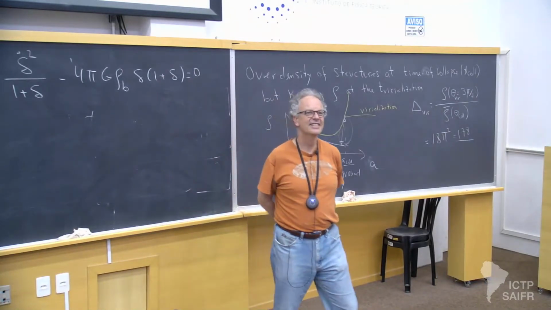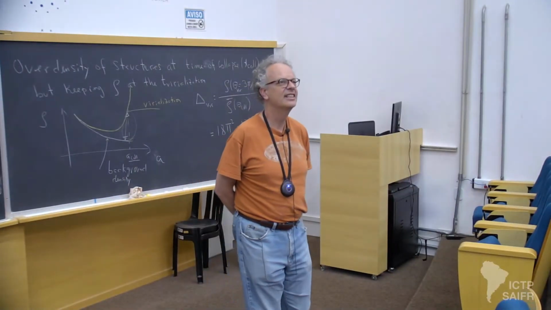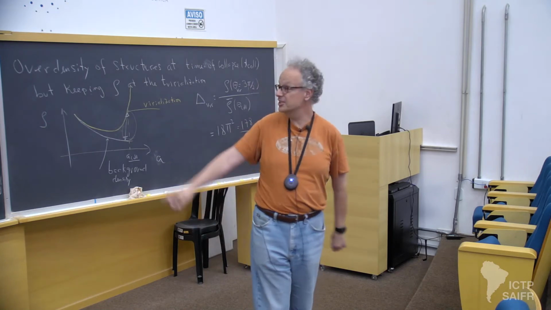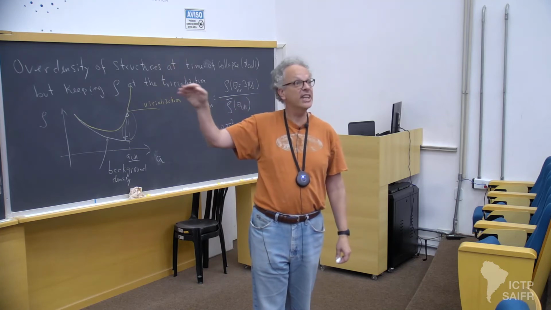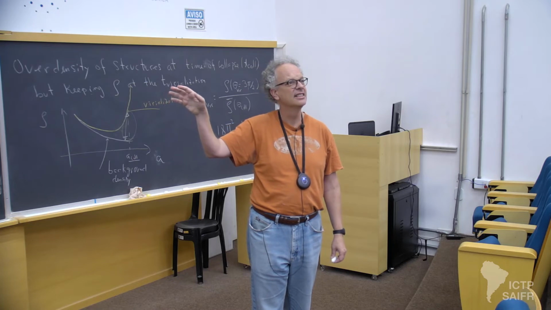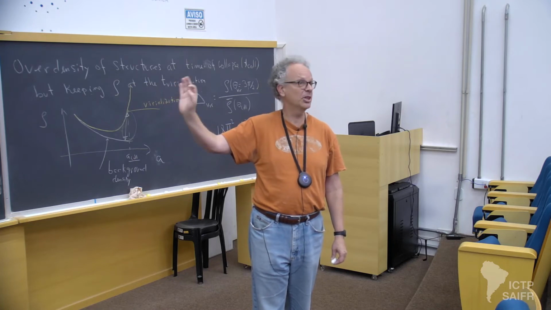I like it. This doesn't capture the virialization. Divergence. No, it doesn't. So this thing diverges. Okay, so virialization is put in by hand. So this is exactly the spherical collapse model without virialization.